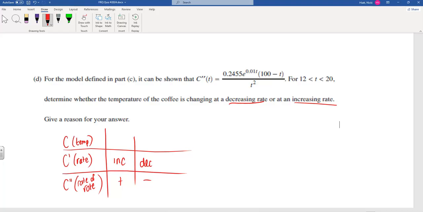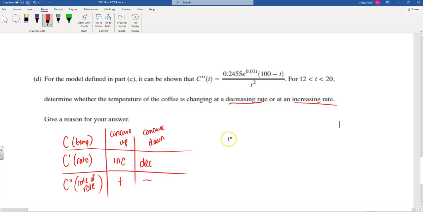So you can use C prime or C double prime here. So this is concavity. You can really use either. You don't necessarily have to mention concavity.